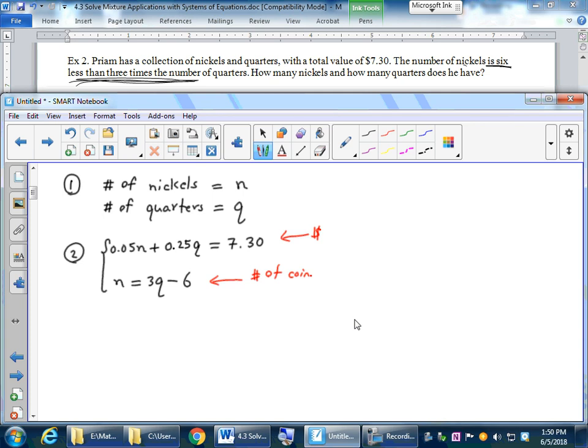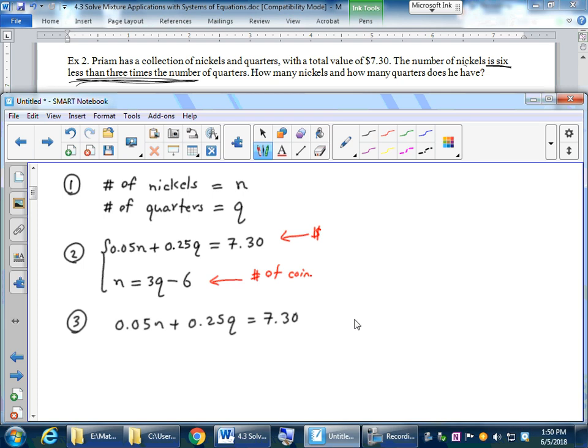So that gives us a system of equations, and then we can use the substitution method to solve for it. So that will be 0.05n plus 0.25q equal to 7.30.